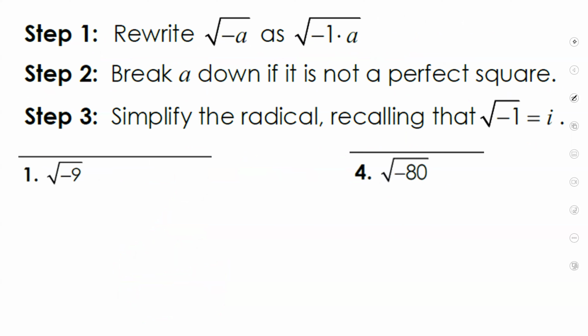Okay, let's talk about simplifying these radicals, these square root problems. Whenever you have the square root of a negative number, we're going to write it as the square root of -1 times the square root of 9. This one, we're going to write as the square root of -1 times the square root of 80. Now, let's recall our rule.